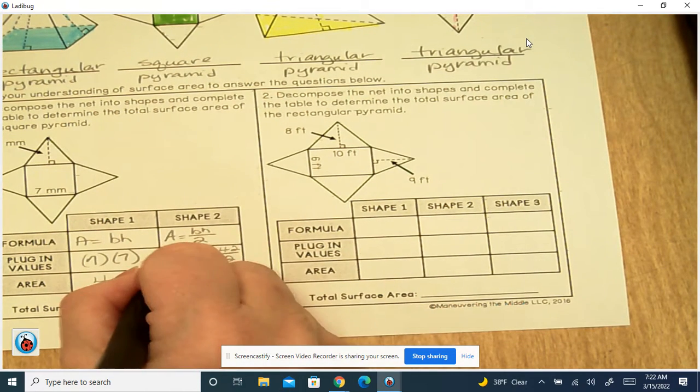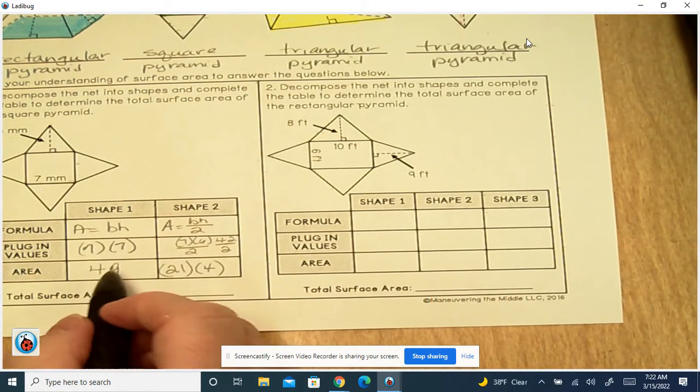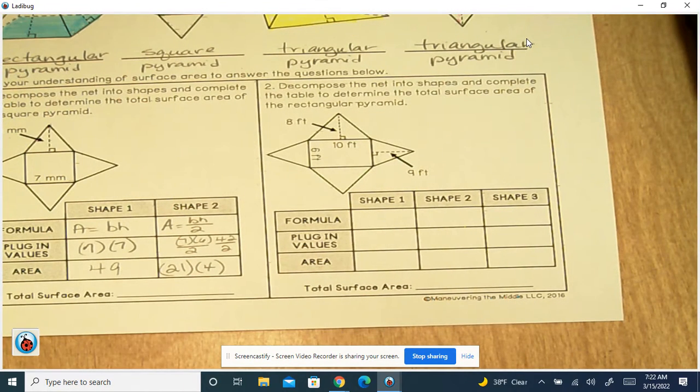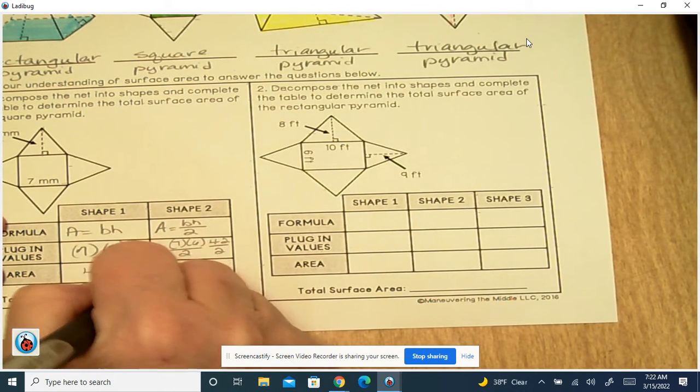And we have 4 of them, so we want to multiply that by 4. So we'd say 49 plus 21 times 4 gives us 133 millimeters squared.